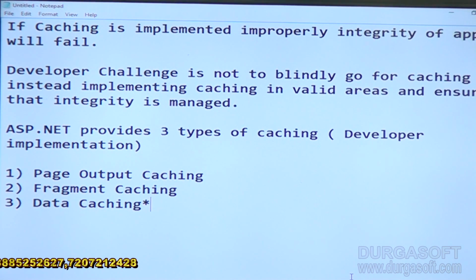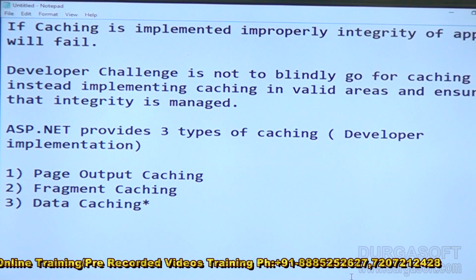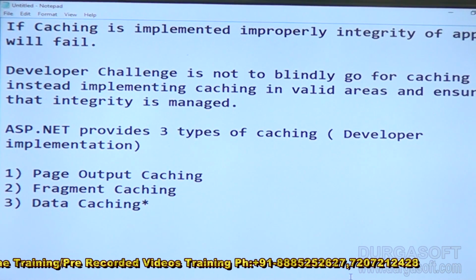With a little relaxation, you can use data caching. Page output and fragment, if you use them improperly, might have an impact on your application. Anyhow, all 3 types are caching only. Are you clear? The only difference is how much they will cache or what they will cache.